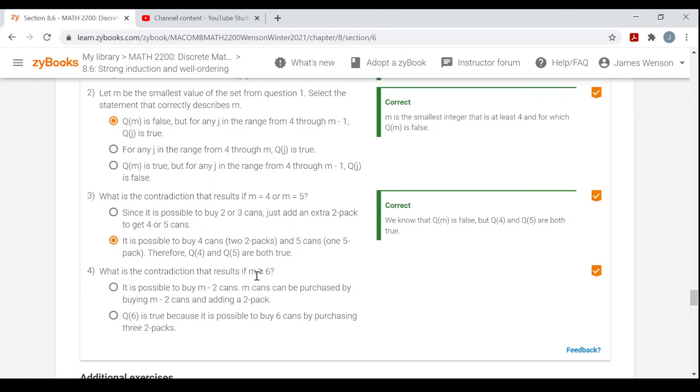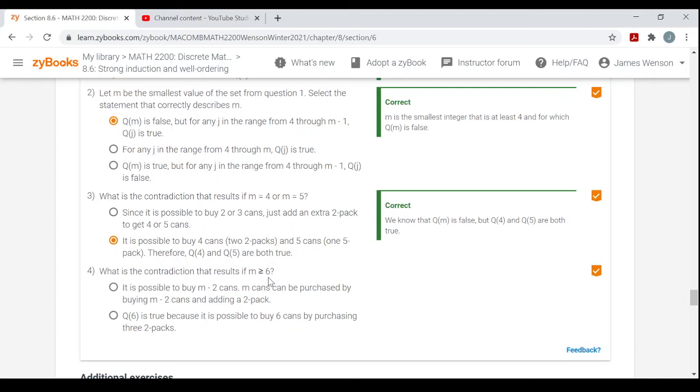Well, m minus 2 is 4 or greater, so m minus 2 would make it true. Right? Because if m is greater than or equal to 6, then m minus 2 would be greater than or equal to 4, which is in the range from 4 to m minus 1. So m minus 2 would make it true.